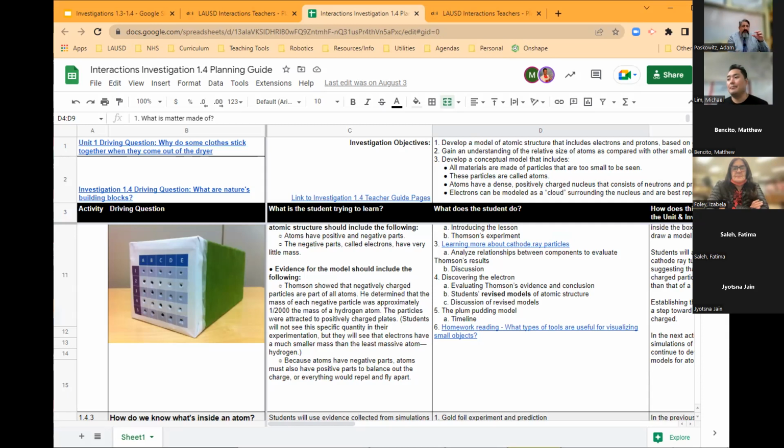When he put charged plates above and below them, he would see that the beam, the ray, bent toward the positive plate and away from the negative plate. So what he discovered was electrons. He took several different pieces of evidence, and he said, okay, the current model of the atom, which says that the atom is just this ball, is not correct.